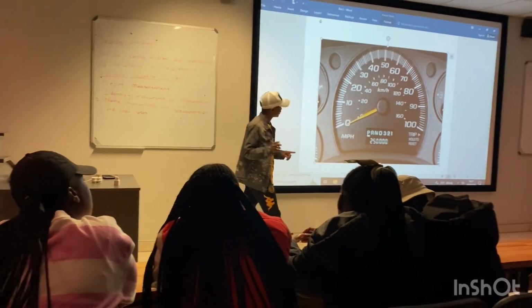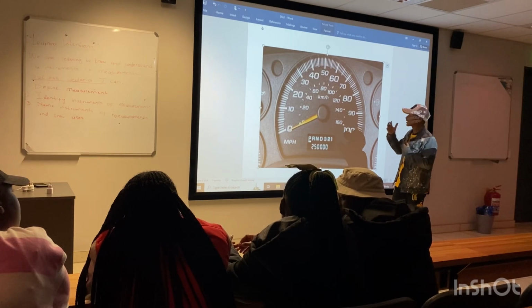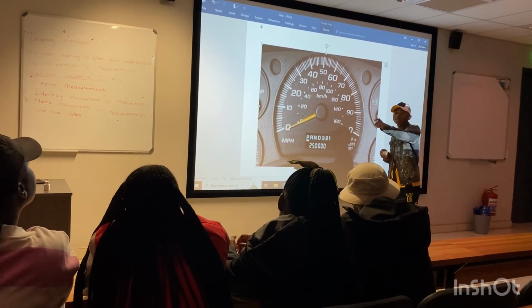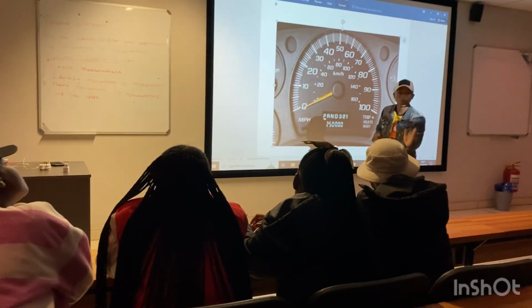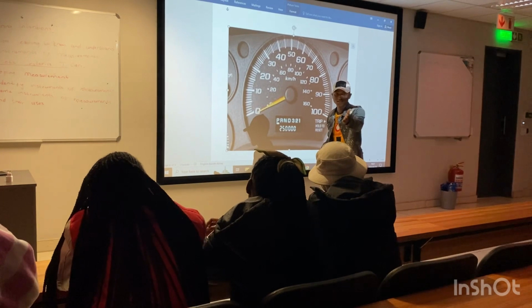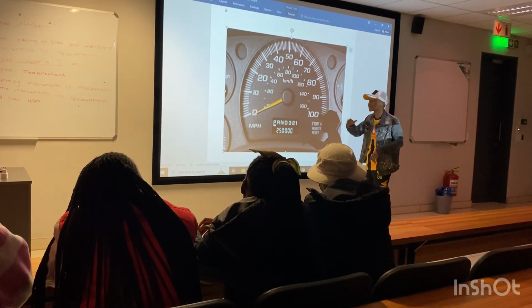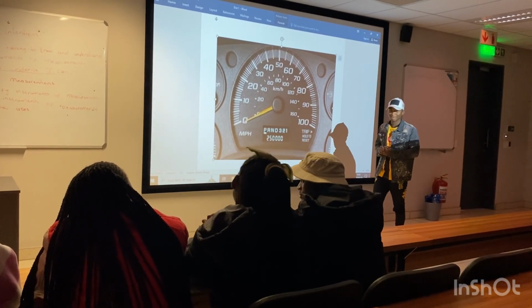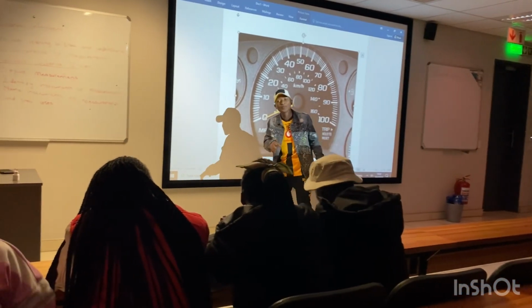But I want to hear from you. What can I measure using this odometer? The distance from one point to another. What can I measure using this odometer? The distance from Soshanguve to Pretoria town.